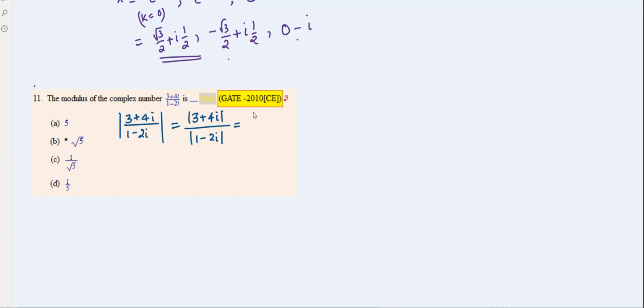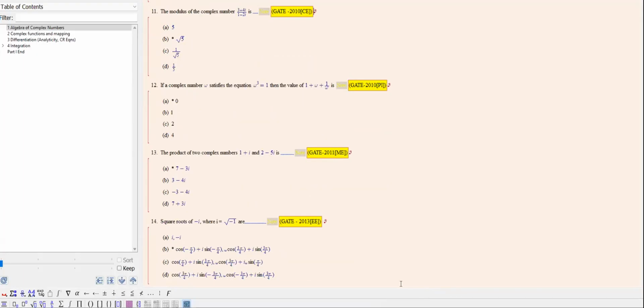So the modulus of the first one is under root of 3 square plus 4 square, which is 5. This is under root of 1 square plus 2 square, which is root 5. So the answer is root 5. Okay, simple questions. Very, very simple questions.